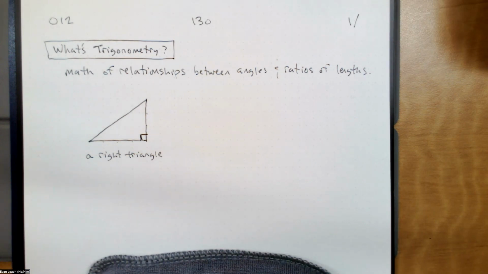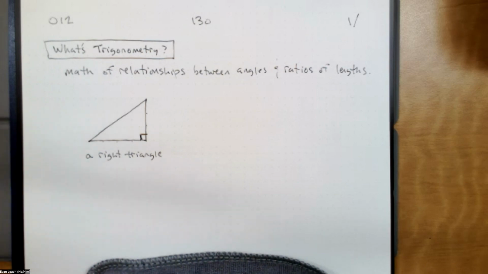So a right triangle just means that one of the angles is 90 degrees. We mark a 90-degree angle with a little square in the corner saying this is where the 90-degree angle is. So that's a right triangle. It has a 90-degree angle.